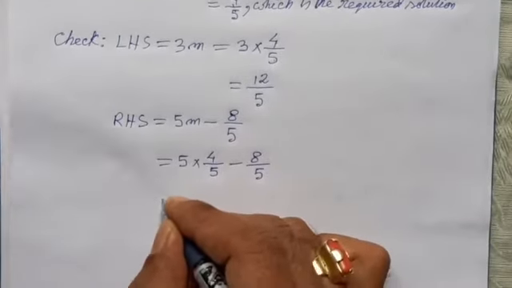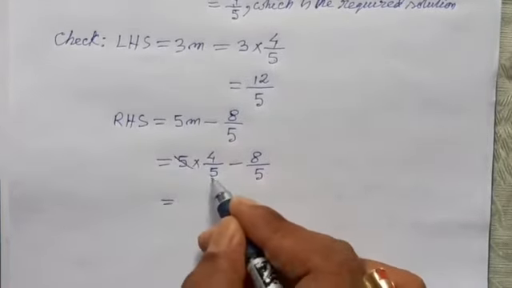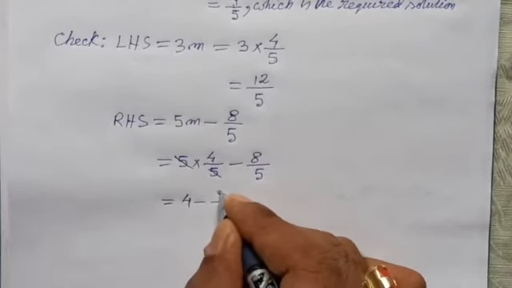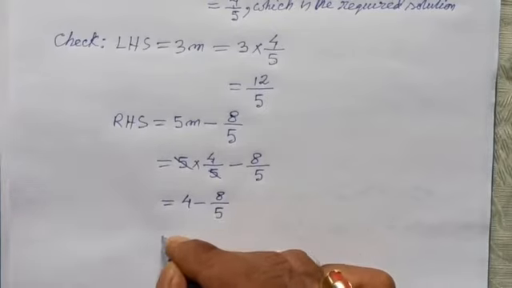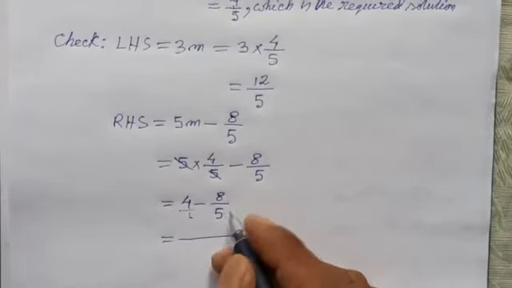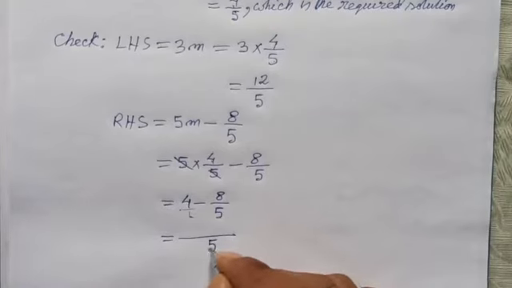We have to do the multiplication first, so this 5 and this 5 can cancel. Now this is 4 minus 8 by 5. Here in the denominator there are 1 and 5, taking the LCM, we get 5.